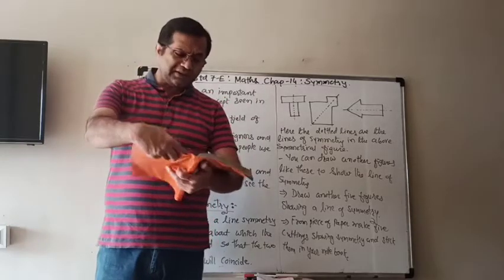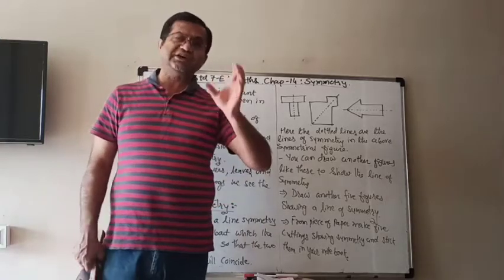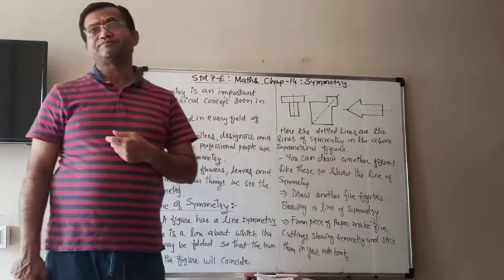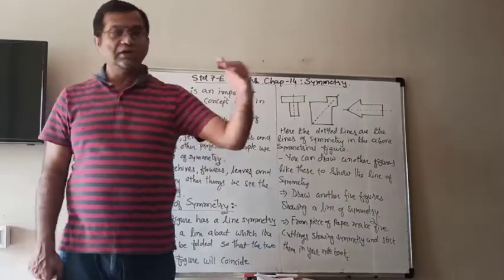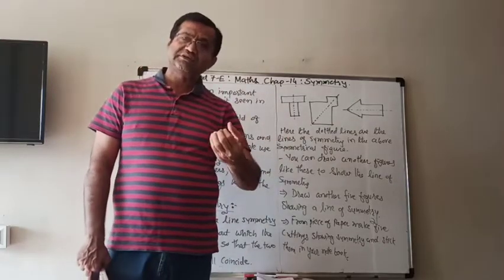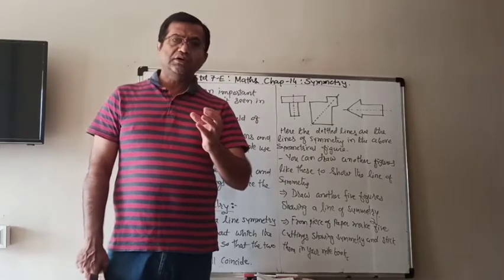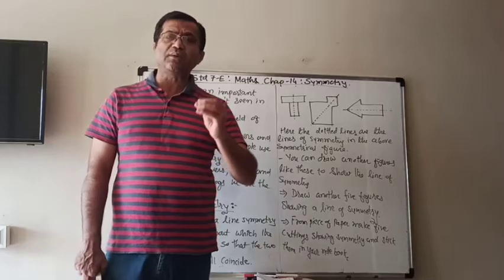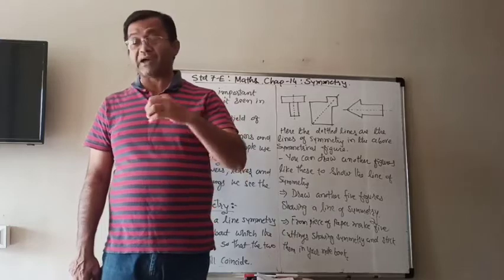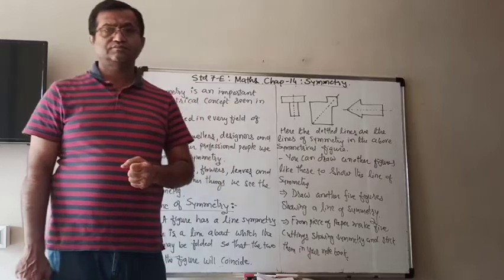So that symmetry is very important. Some religious symbols also use the symmetry, like our Om also. If you cut it from the middle and draw a line, then it is similar for other religions also. So many things we use the idea of symmetry. Take the example of a chair.